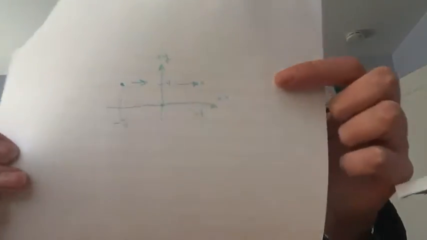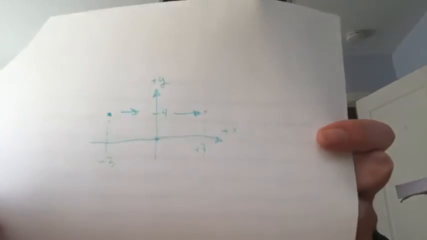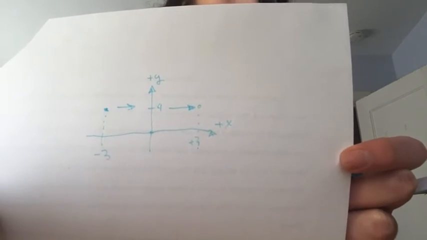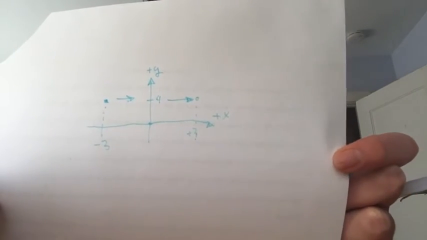Basically this is what's happening. Our particle is moving from x equals negative 3 meters to x equals positive 3 meters.